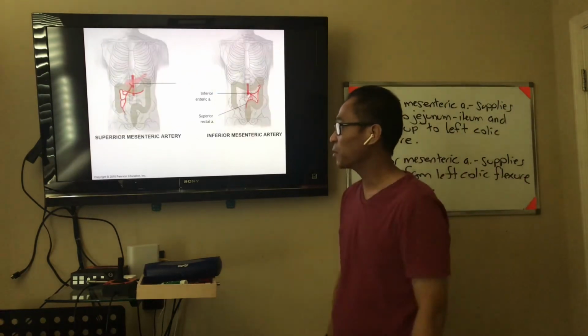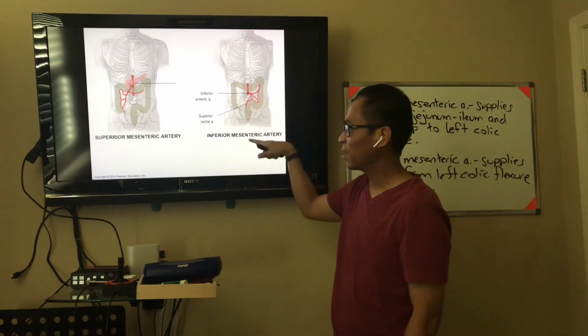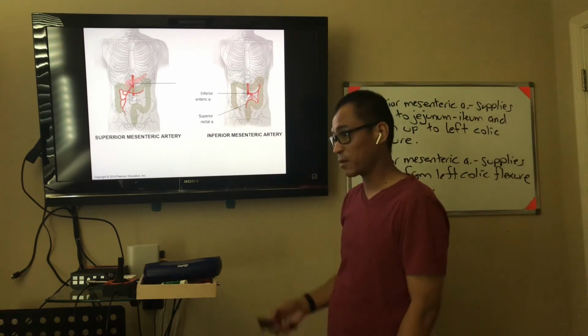Here's a summary showing you the superior mesenteric artery and inferior mesenteric artery, where it basically picks up where the superior one left off. Okay, that's pretty easy to understand.